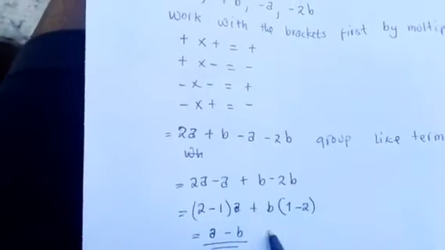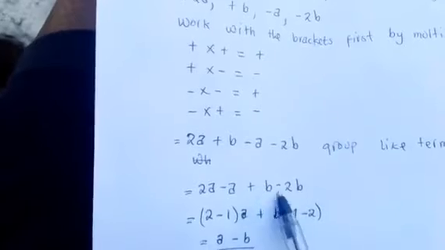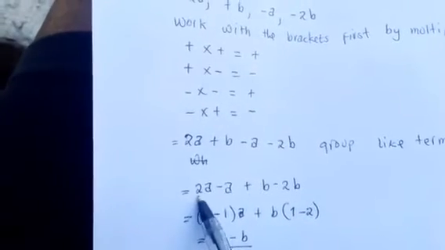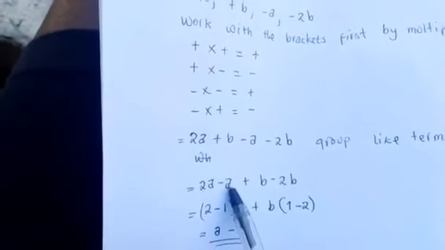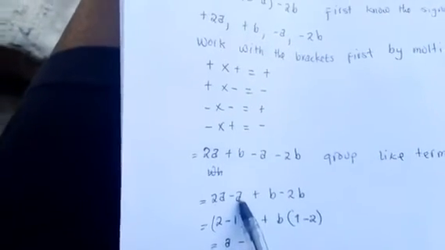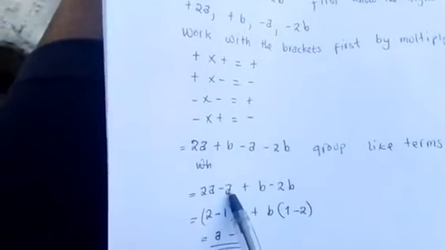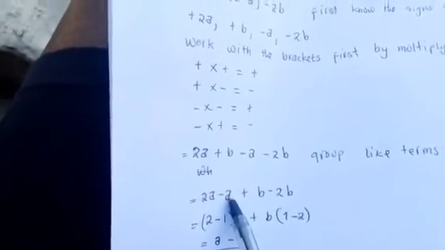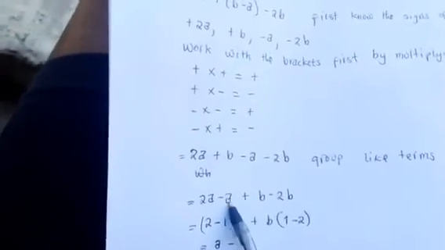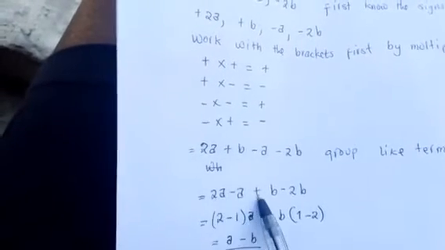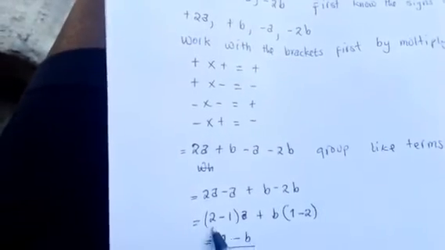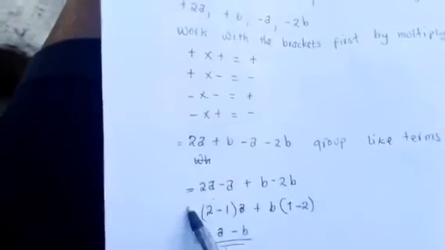So now here I was just trying to help you figure out what is happening here. What we are saying here is 2a, you subtract a, is same as 2 minus 1, but it will have the variable a. So 2 minus 1 is 1. So we can't just write. This is what I was trying to do here, trying to factor out the a outside, trying to show you the coefficients which are what is happening here.